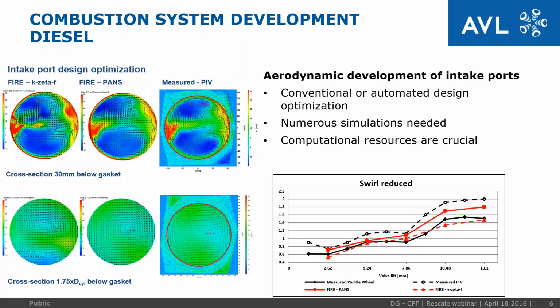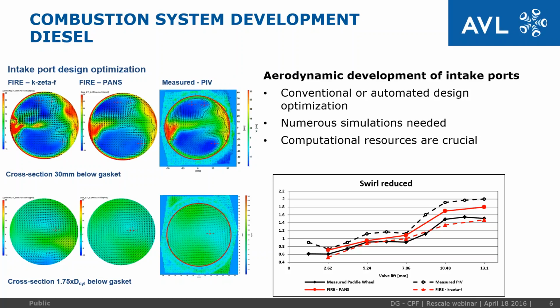And what we have here is the development of the intake port design. This is the part of the combustion system which provides air into the cylinder to prepare combustible mixture of air and fuel, and we perform large computational studies in order to achieve this target.